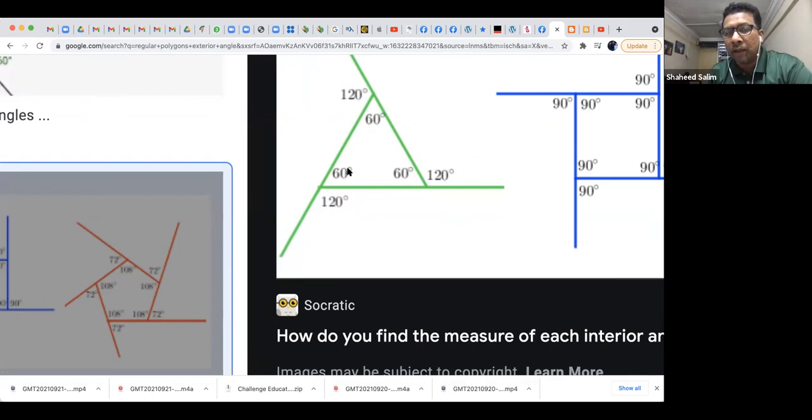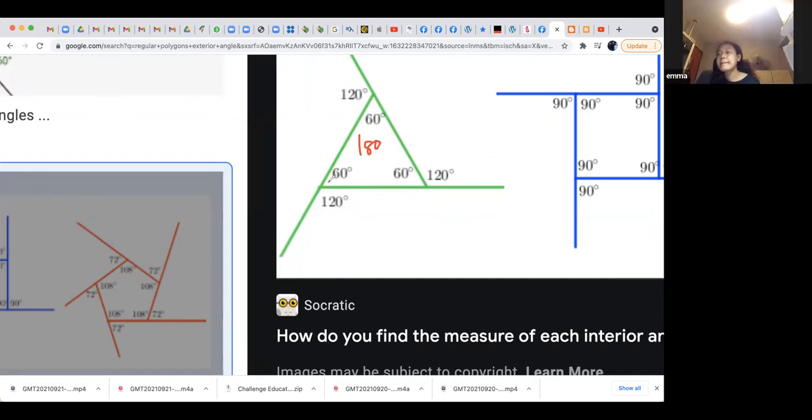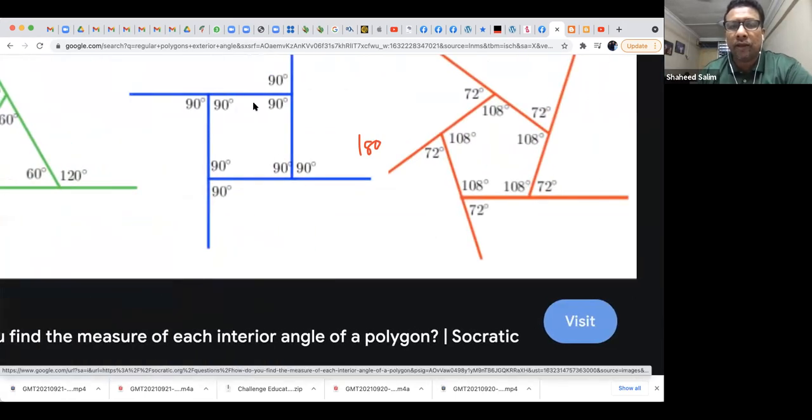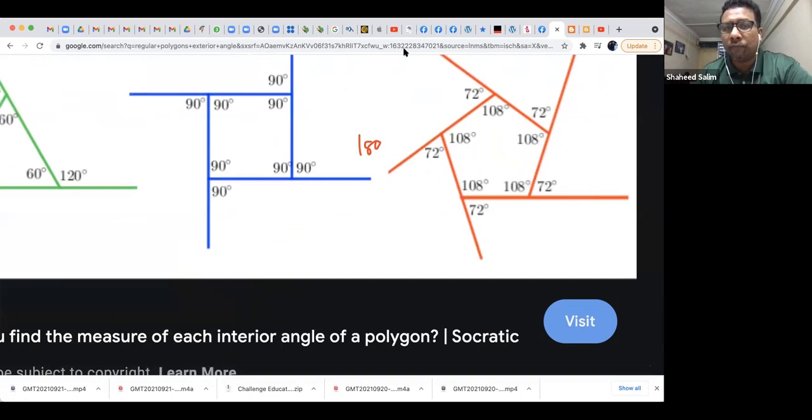Angle, the sum of the angles? 180, right? So we are going to divide everything to triangle. A 3-sided figure can only have 1 triangle. Do you agree? Now, let us look at this next one now. Okay, 3-sided figure. Now we look at 4-sided figure. How many triangles can you have?